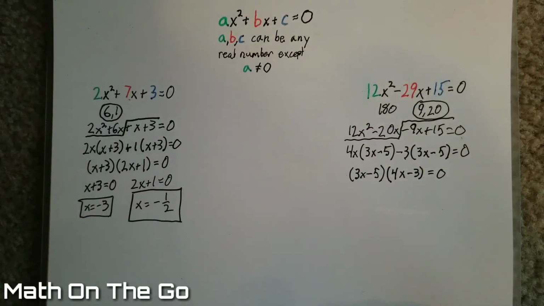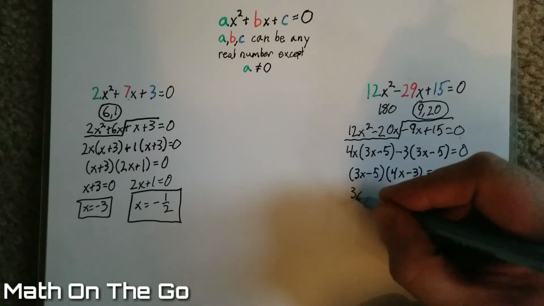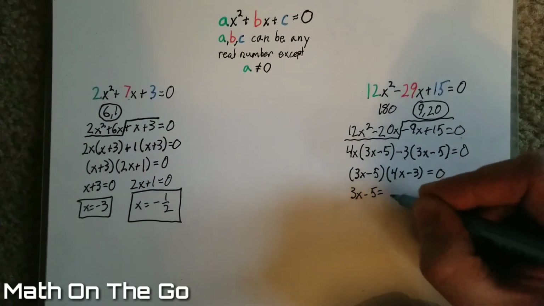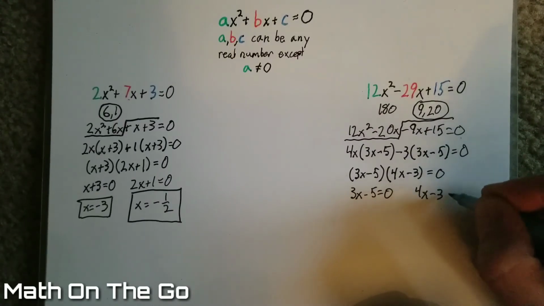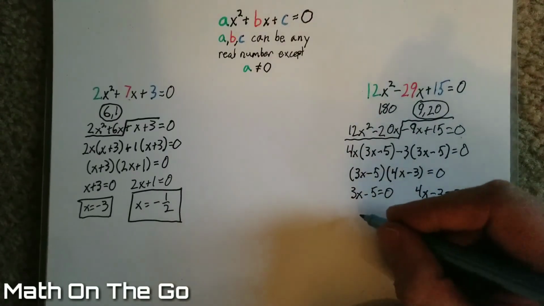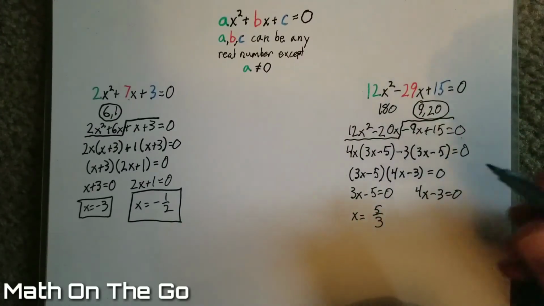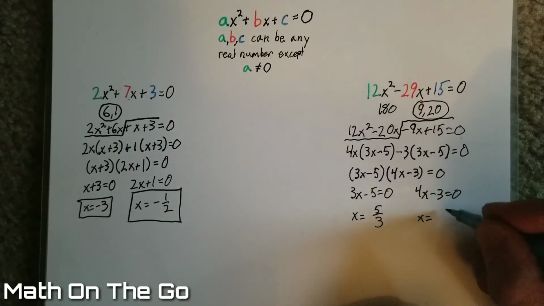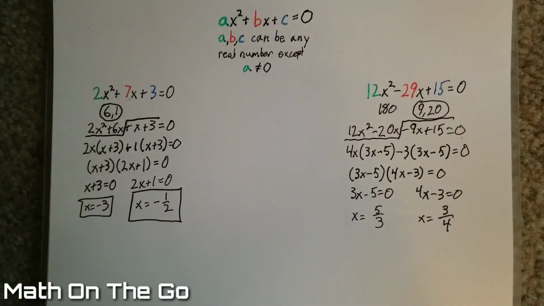So now all that's left is to solve for x to get our x-intercepts. 3x minus 5 equals 0, and 4x minus 3 equals 0. That gives us x equals 5/3, and x equals 3/4. So that's how you solve a quadratic equation with a leading coefficient greater than 1.